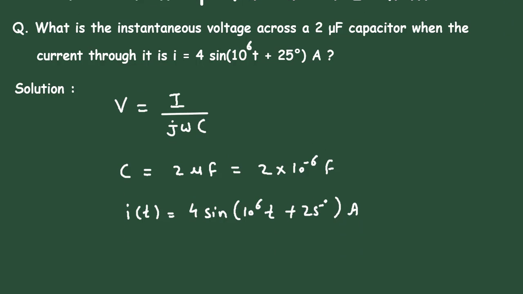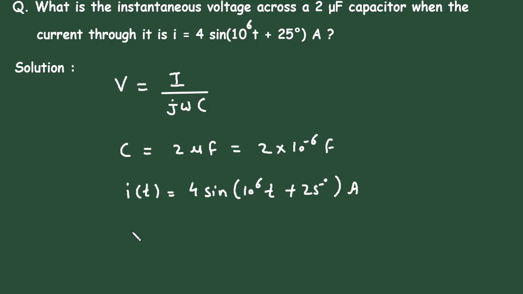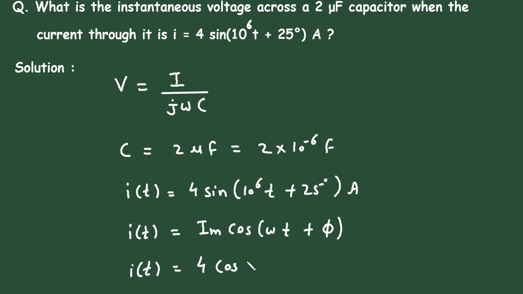Now this is not in standard form. The standard form for this is i(t) = Im cos(omega t + phi). So here it is in sine form, so let's convert this into cosine form. It will be i(t) = 4 cos(10^6 t + 25 degrees).